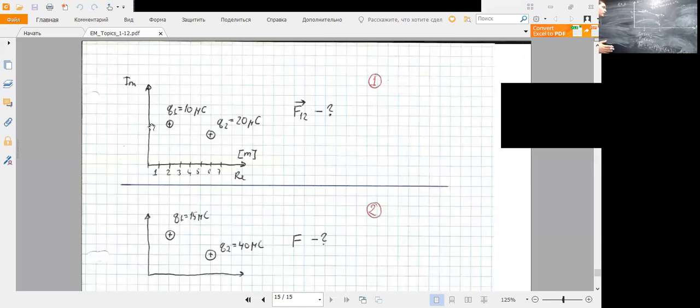So for the force between the two charges we should use Coulomb's law. F12 in vector form is equal to K multiplied by Q1 Q2 divided by R12 squared.